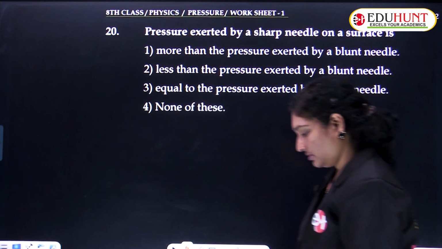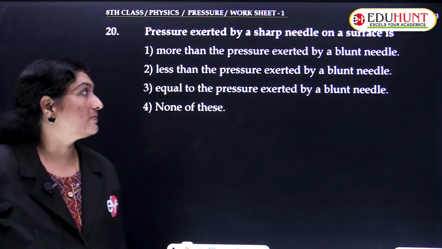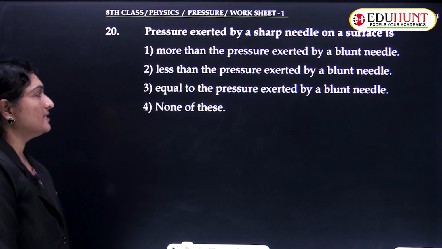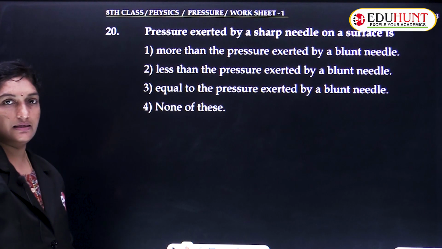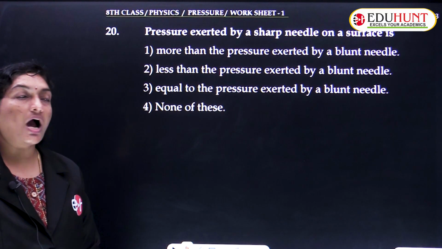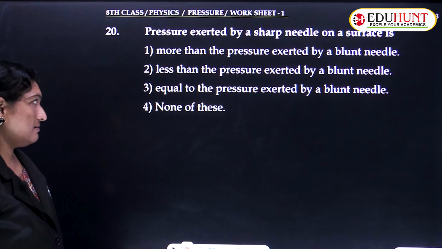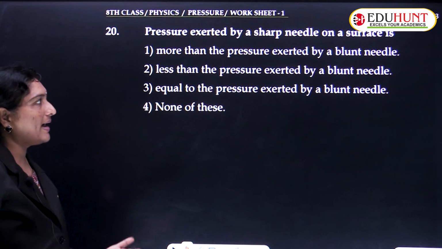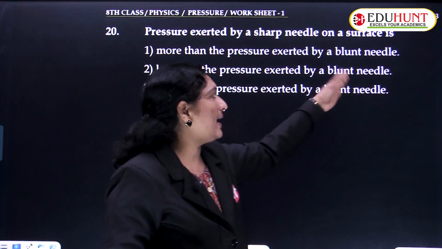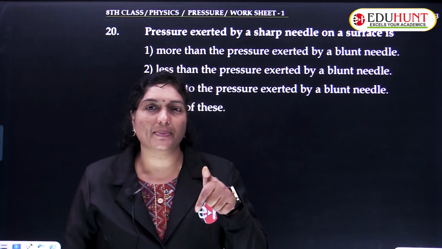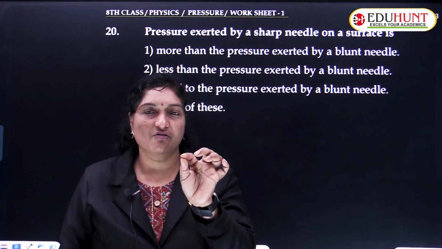So now look at the 20th question, children. Pressure exerted by a sharp needle on the surface is compared, so it has to compare with the blunt needle. So what is that? Sharp needle means less area of contact.